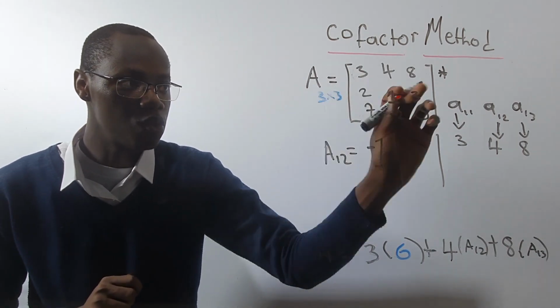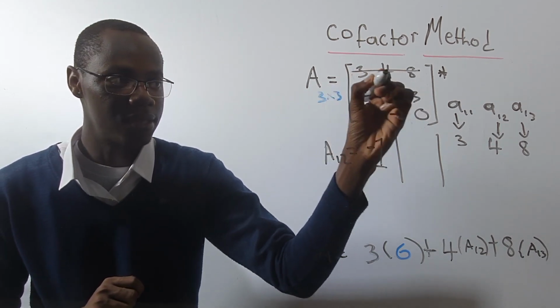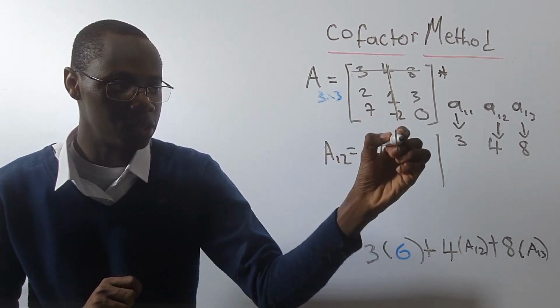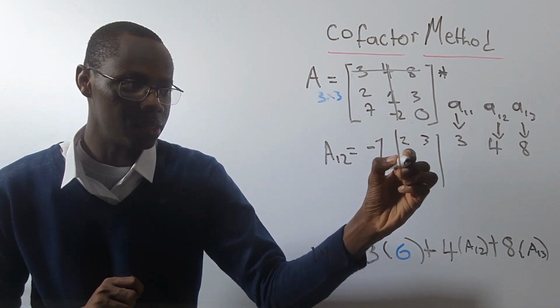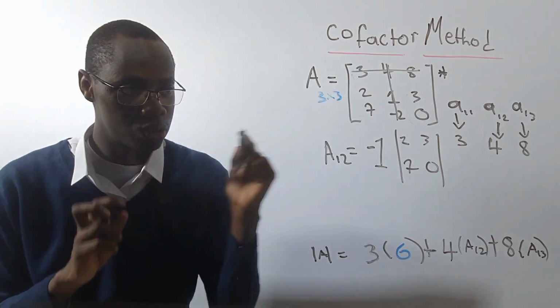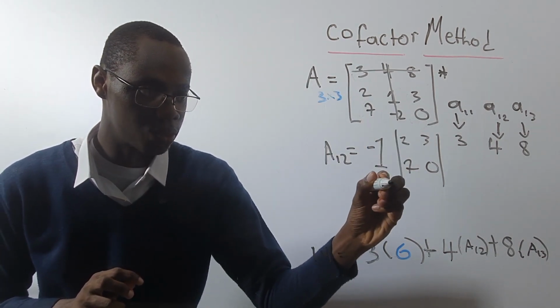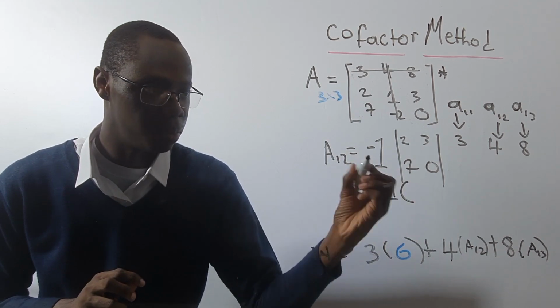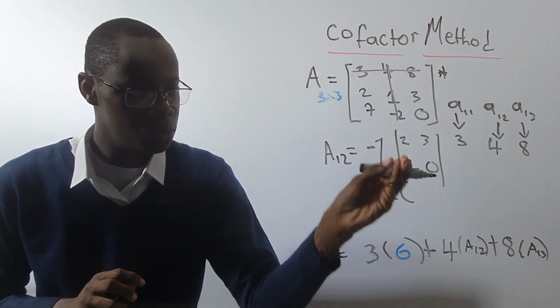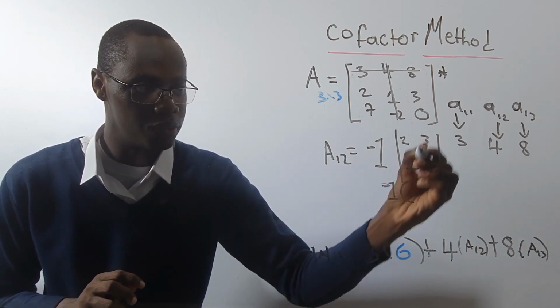Delete the row and the column associated with 4. So that's this and this. What's left? 2 3 7 0. Now treat it like we solve the shortcut for 2 by 2. So that will be minus 1 multiplied by, all we need to do is multiply this and subtract it from the multiplication of this diagonal.